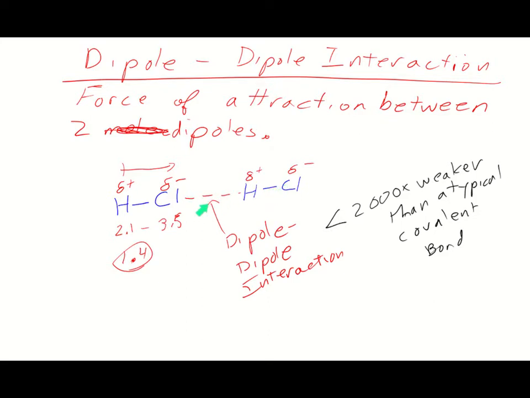And that's an important thing. Why? Because when we add heat to a substance, we want it to boil, not break bonds, right? When we add heat to our hydrochloric acid, we want it to boil or enter the gas phase, because the weak dipole-dipole interactions are being overcome instead of the stronger covalent bond. So these dipole-dipole interactions, or these intermolecular forces, are much weaker than your intramolecular forces such as covalent bonds.